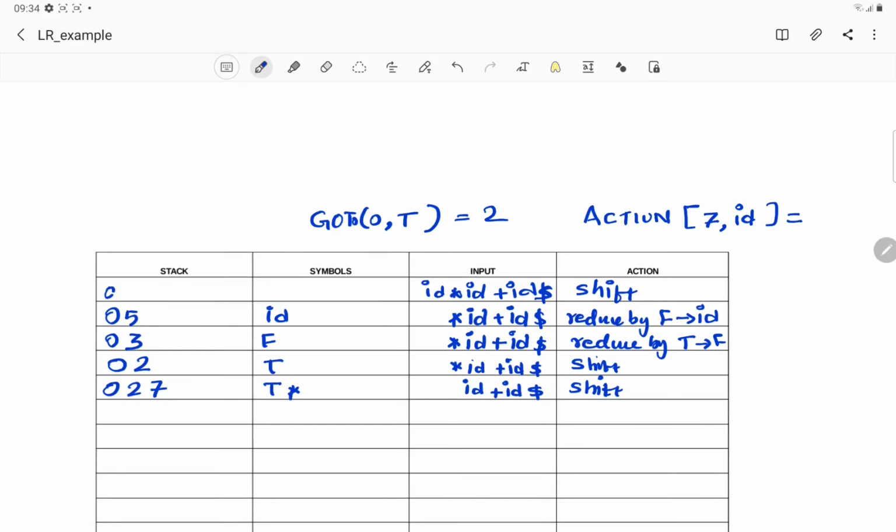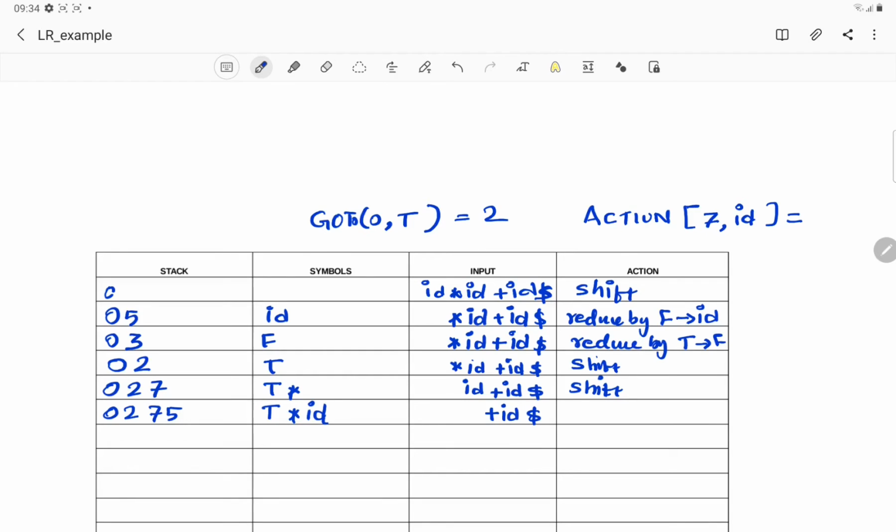Shift means S5. So the stack will be 0 to 7 5. That 5 will be shifted, and the corresponding symbol will also be shifted. Then the input will be plus id dollar.